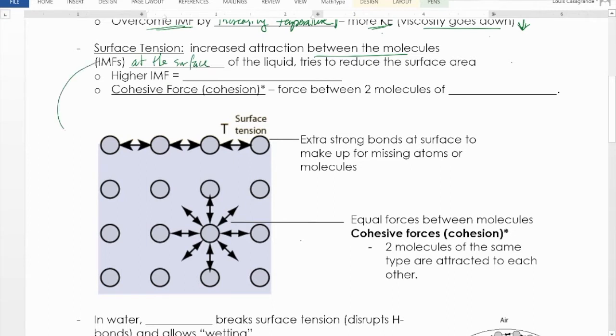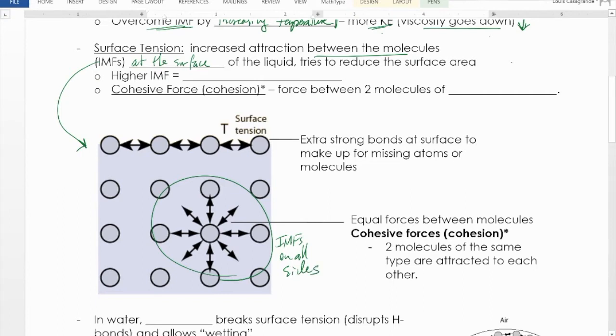If you look down in this diagram down below, in the main part of the liquid, we call the bulk of the liquid, molecules are surrounded by molecules on all sides. So we have IMFs on all sides.